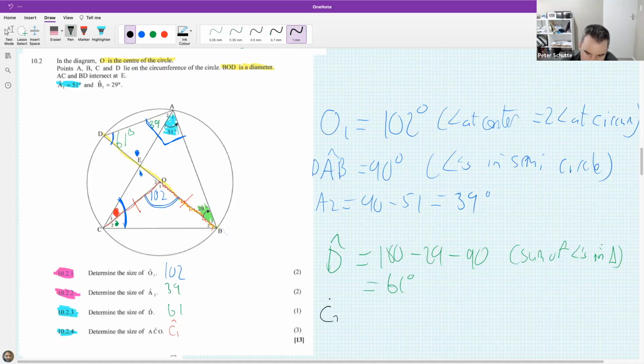So we will say angle C2 is 180 minus 102, but then I need to divide by 2. And the reasons would be radii and sum of angles in triangle.